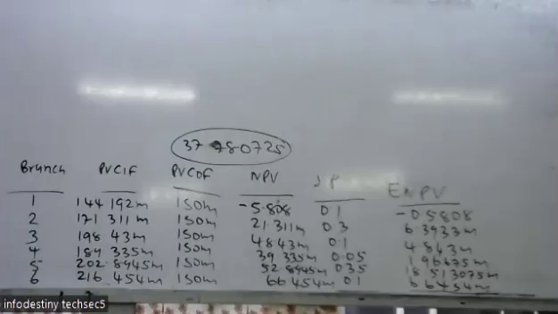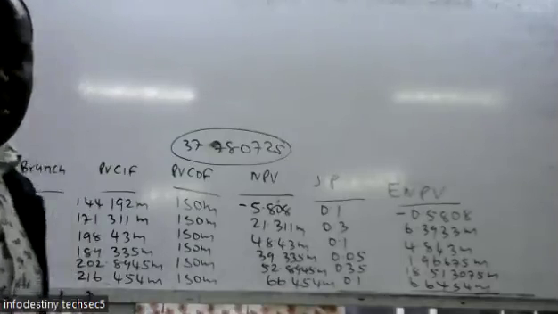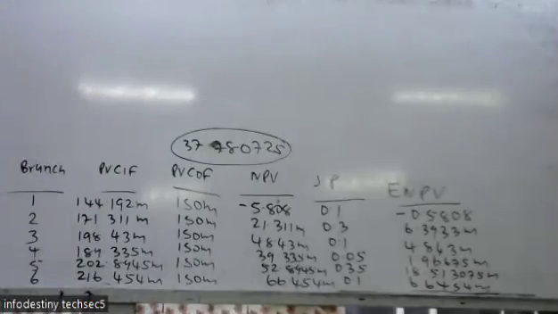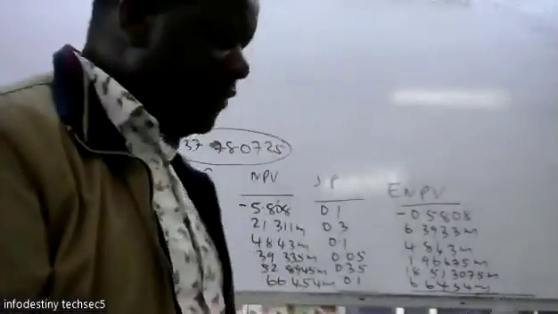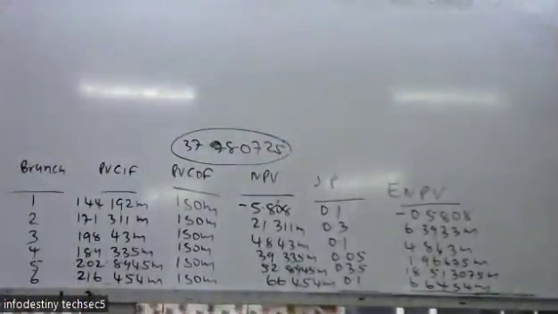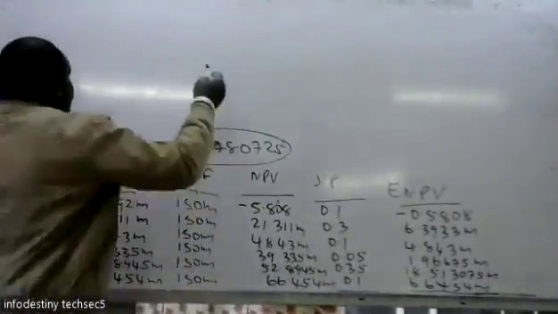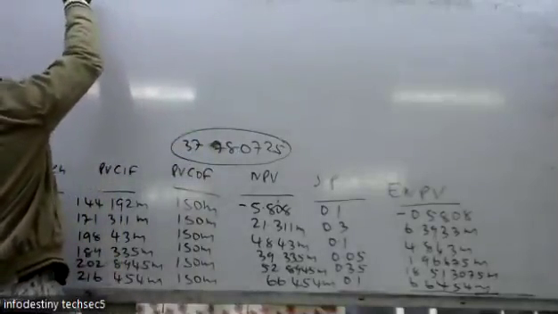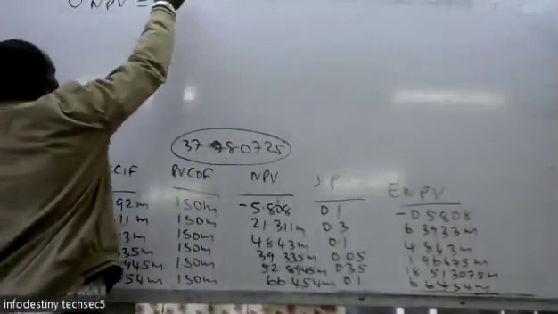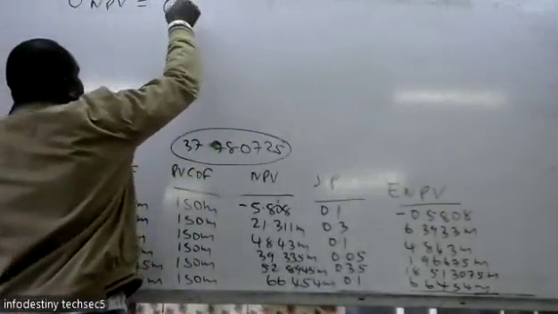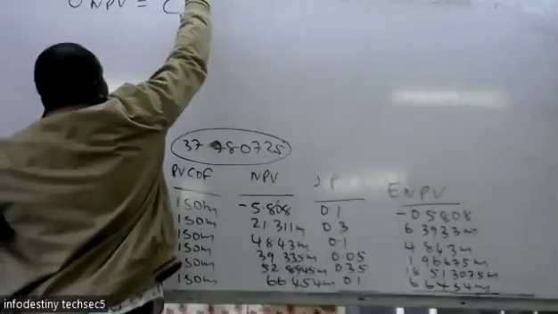After we have calculated the expected net present value, we should now compute the standard deviation of the NPV. To compute the standard deviation, simply take the summation from the first observation to the last.